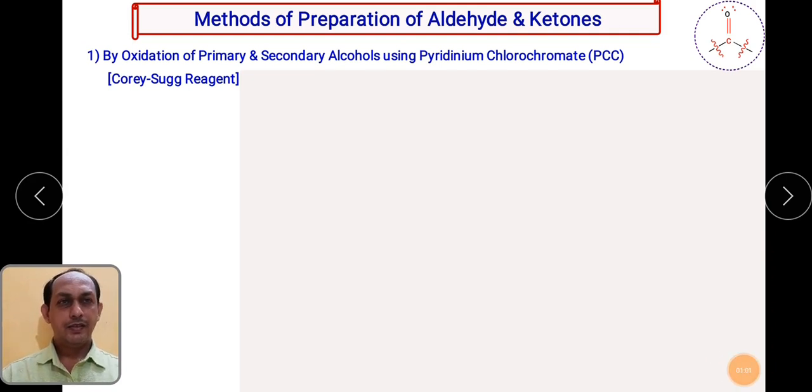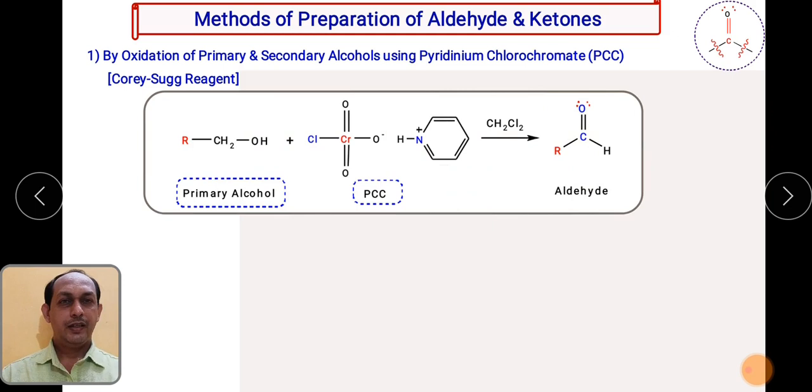Let us first revise the four methods we have seen in earlier parts. First is the oxidation method for the preparation of aldehydes and ketones from primary and secondary alcohols by using pyridinium chlorochromate, also called the Corey-Suggs reagent. The primary alcohol is reacted with the oxidizing reagent PCC in the solvent dichloromethane, and you get conversion of the primary alcohol into aldehyde.